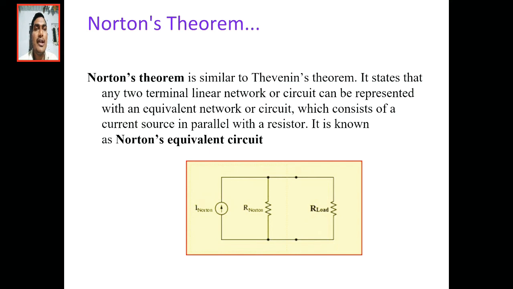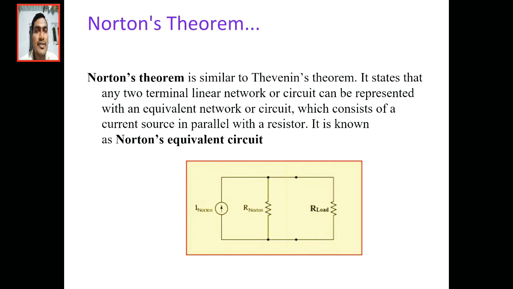So what is duality? In our networks, voltage source and current source are dual to each other. The current source is the dual of the voltage source and the voltage source is the dual of the current source. In Thevenin's theorem, the Thevenin's voltage source is connected in series with the Thevenin's resistance.